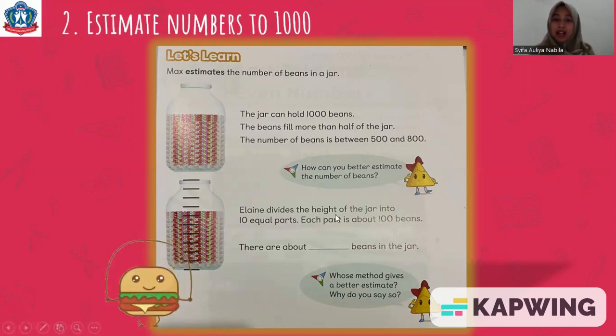Elaine divided the height of the jar into 10 equal parts. Each part is about 100 beans. There are about 100 beans, yeah? So up here is 100.